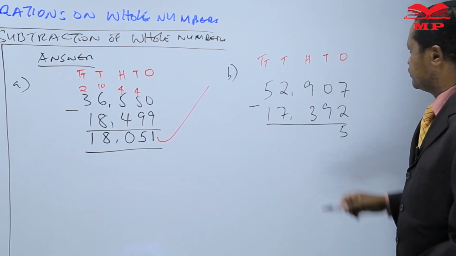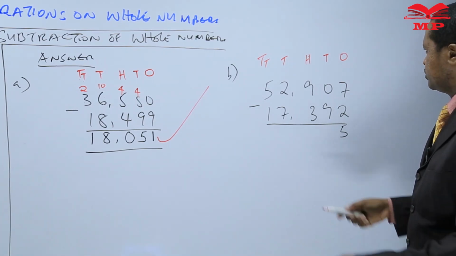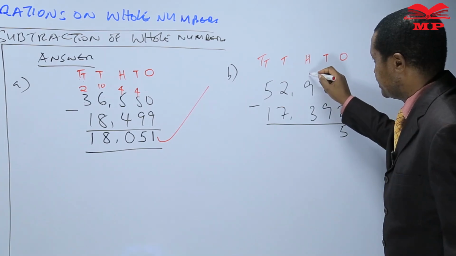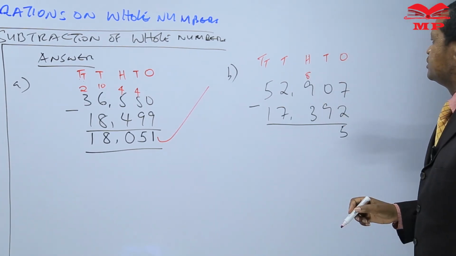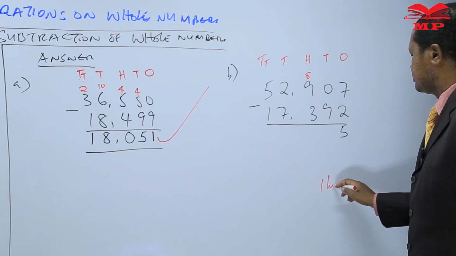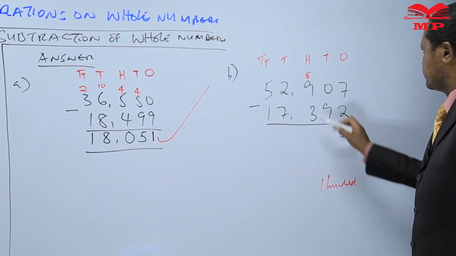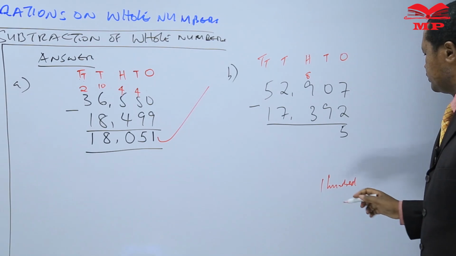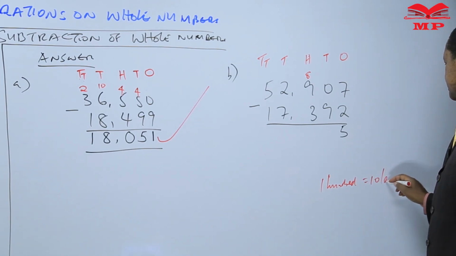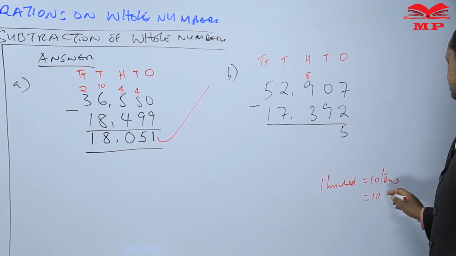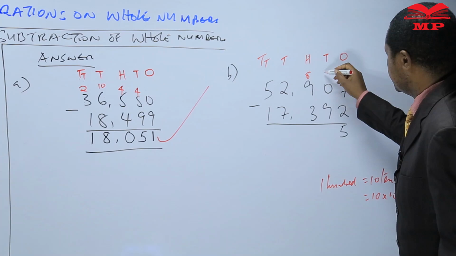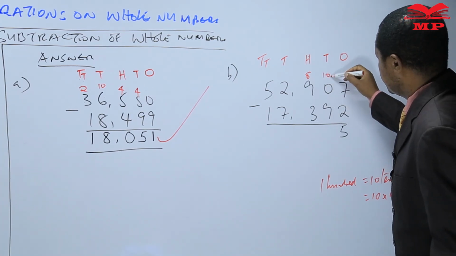We borrow 100 from the hundreds, and we remain here with 8 hundreds. 100 is equal to 10 tens.